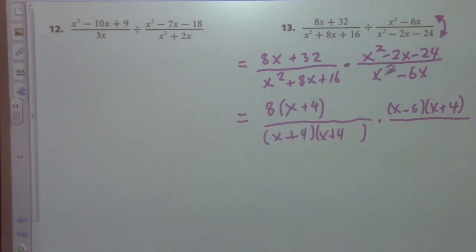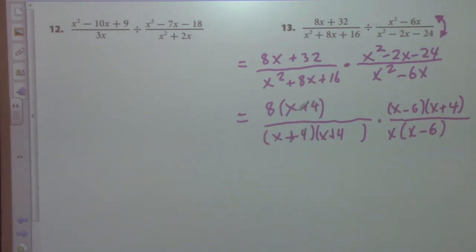And then what's your factored form of this guy down here? X, and then minus 6. Okay, one thing you want to do as you work on these things is, you get clues along the way.